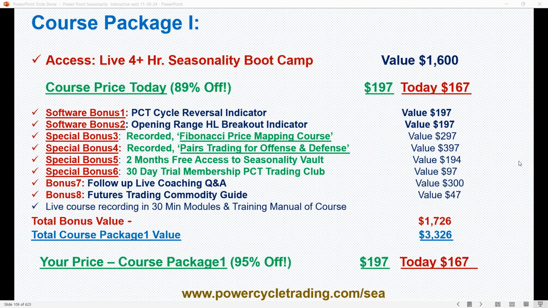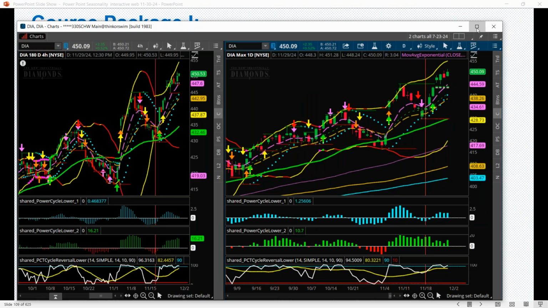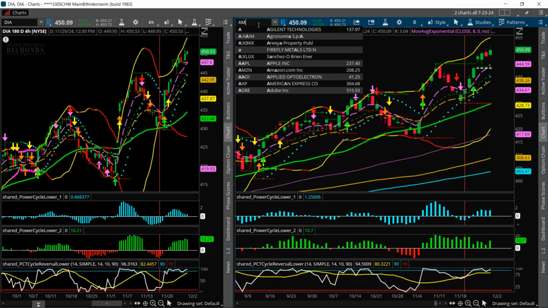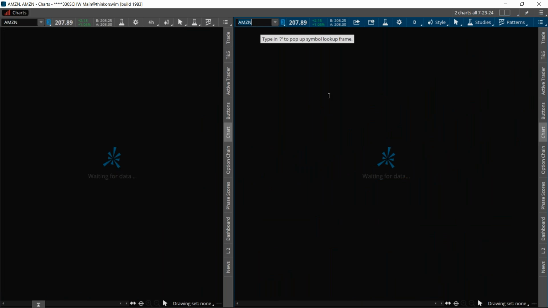Oh yeah, sure. Let me show you what we did. This is one of the alerts trades that we sent out. We did this trade on Friday. This was Amazon. This was a long call condor.